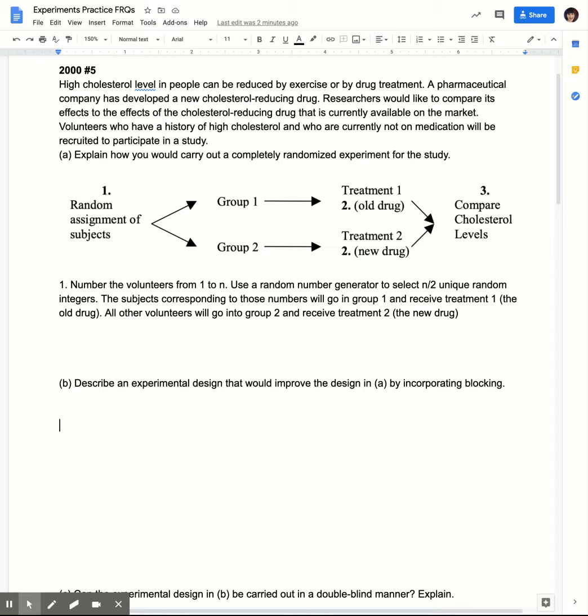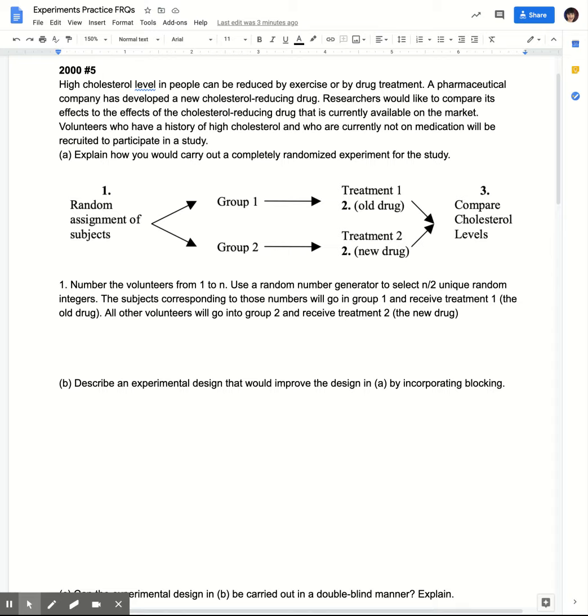You could do it by gender if you think that gender might affect how the drugs treat the cholesterol. The key though is that you have to explain how that particular characteristic could affect the outcome of the experiment in a way that doesn't have anything to do with the treatment that you imposed, right?